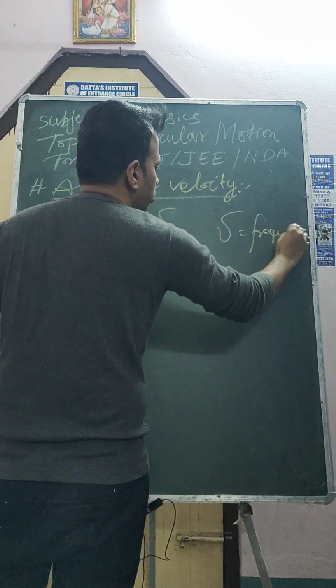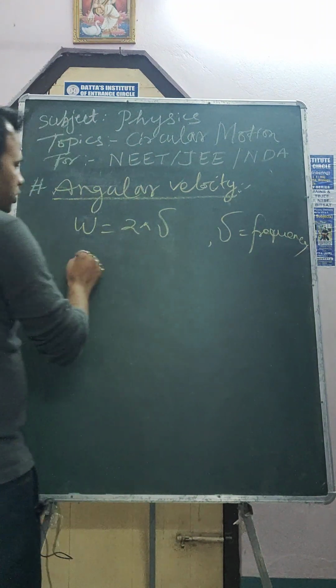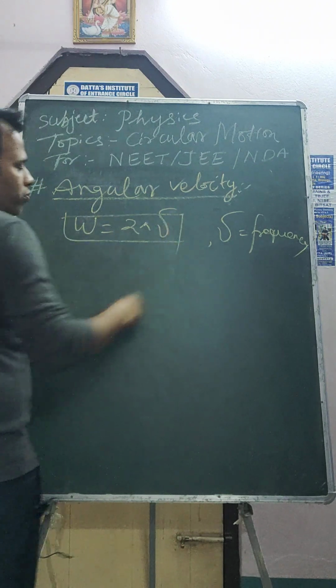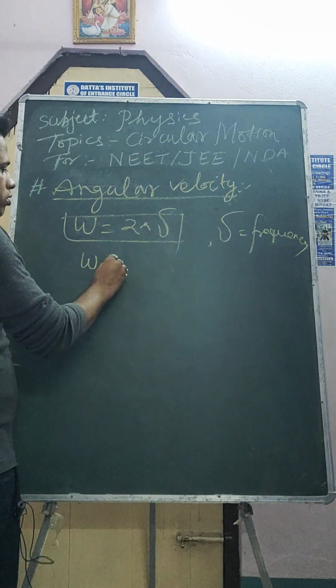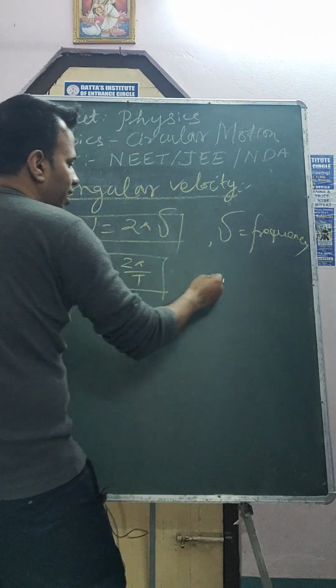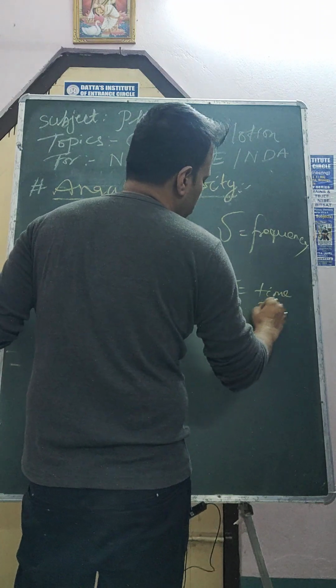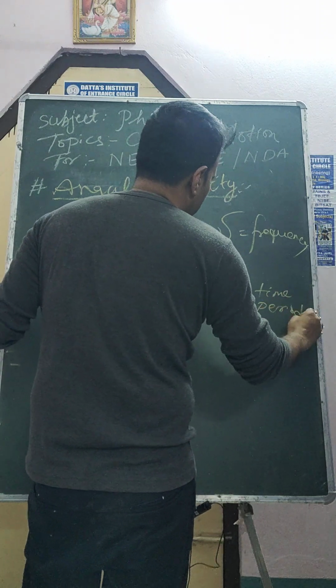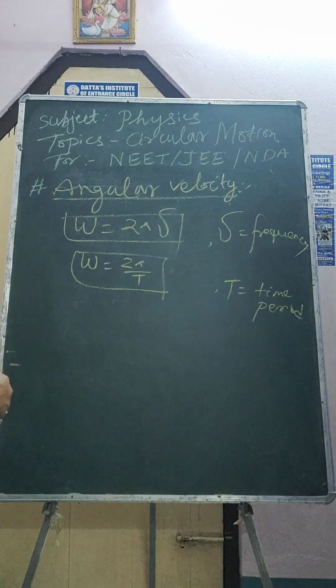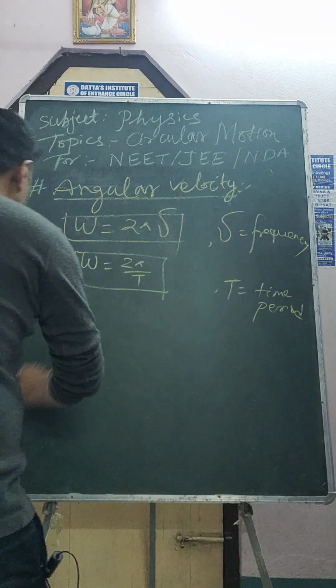Another formula is omega equal to 2 pi by T also. This capital T is known as time period. Got my point? Other formulas are also there in rotational or circular motion.